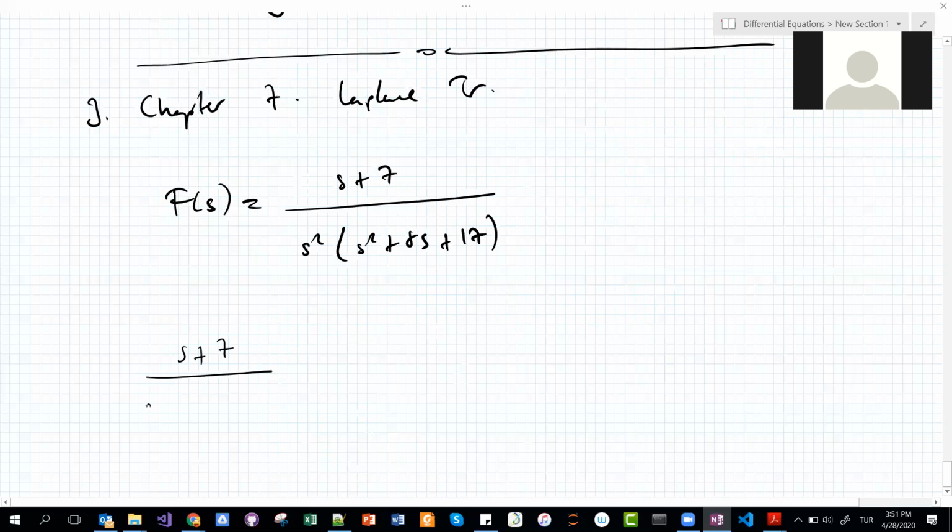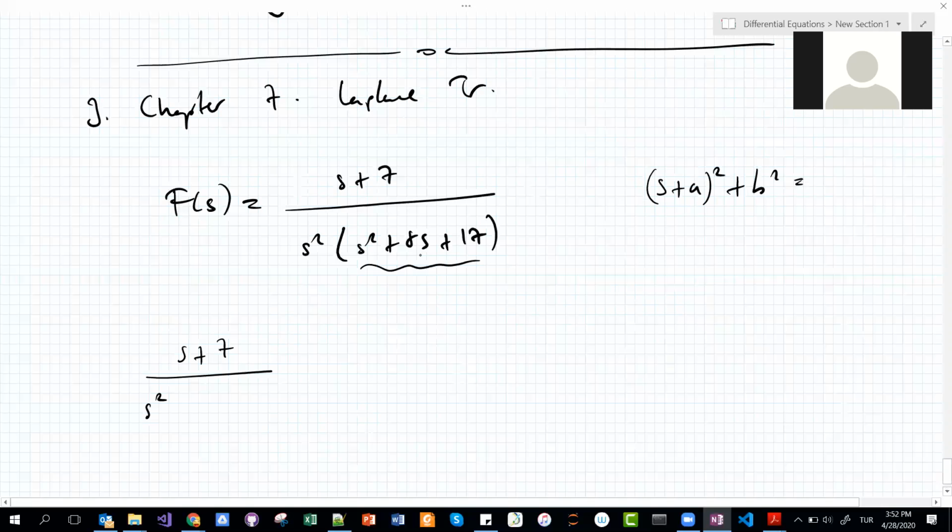Okay, to do that, first of all, you should notice that to be able to use the table, we always try to convert the terms into a form where I can use the table. In the table, to be able to use the cosine and sine related formulas, I will always need something like that, as you know.